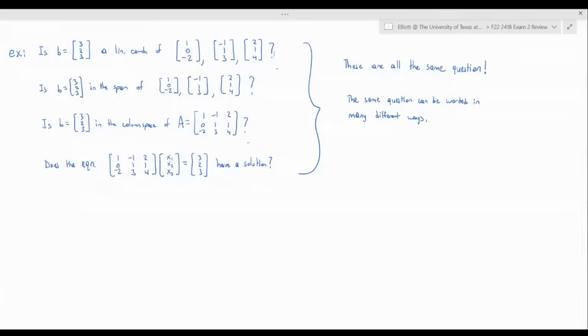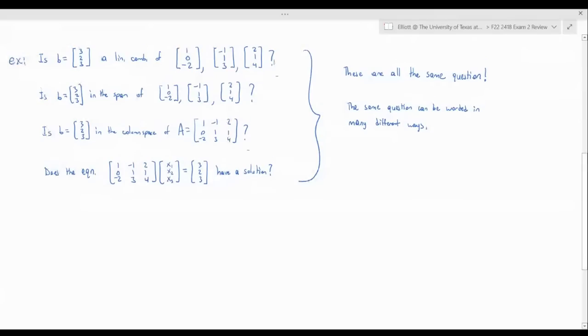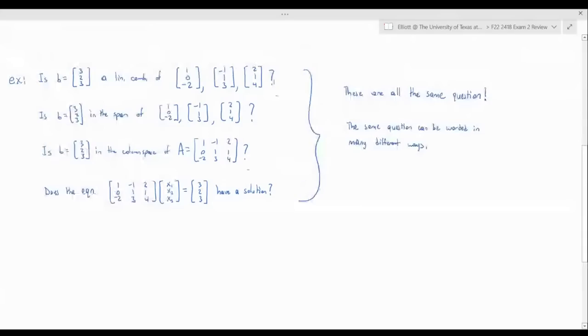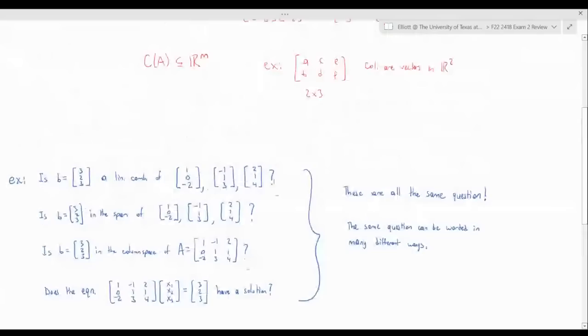And so what I wanted to point out is that these four questions are actually all the same question, okay? The same question can be worded in many different ways, as you can tell.